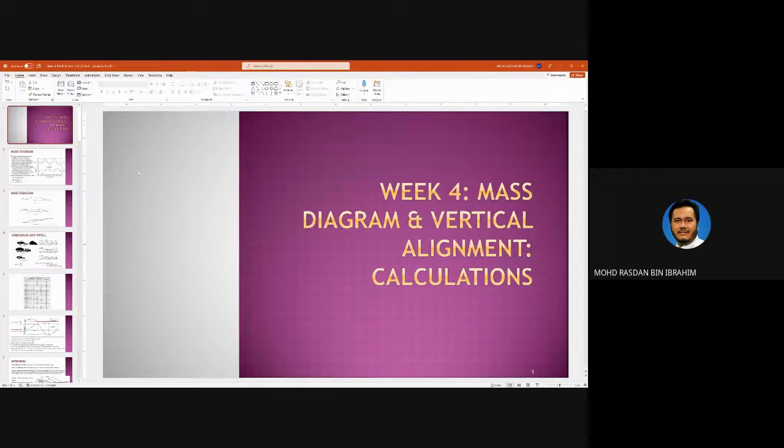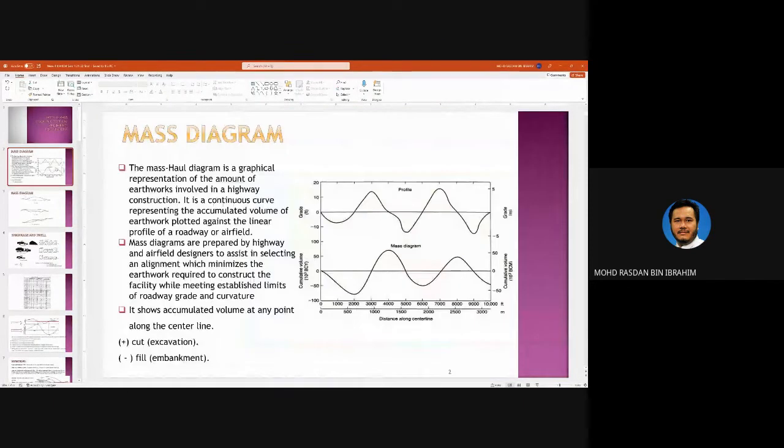So today we're going to cover a little bit about mesh diagram and vertical alignment and some calculations. First is the mesh diagram. This is actually part of your survey.